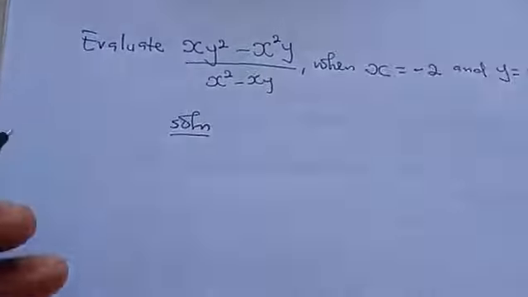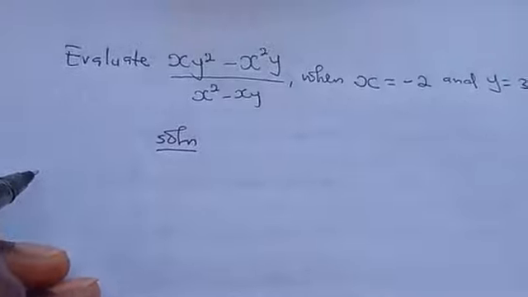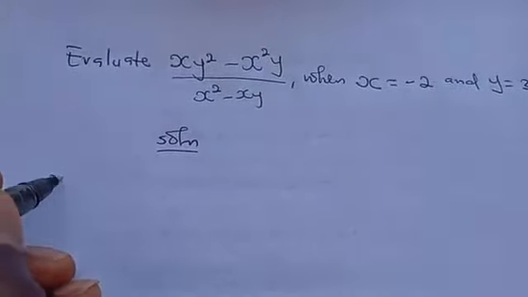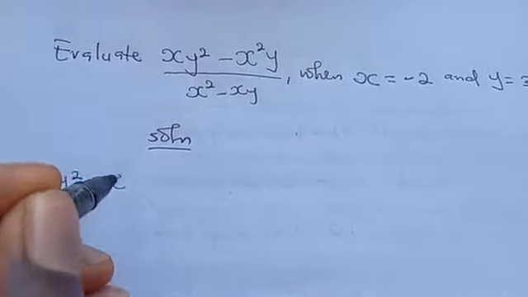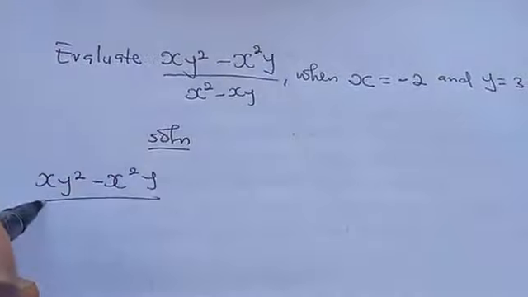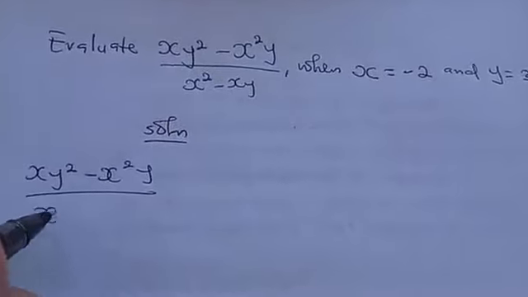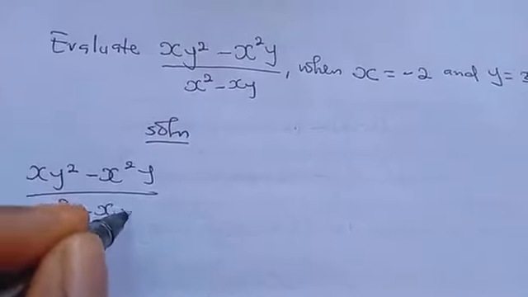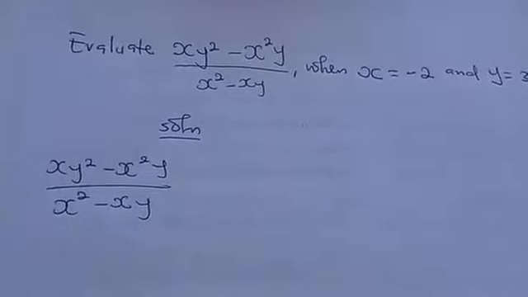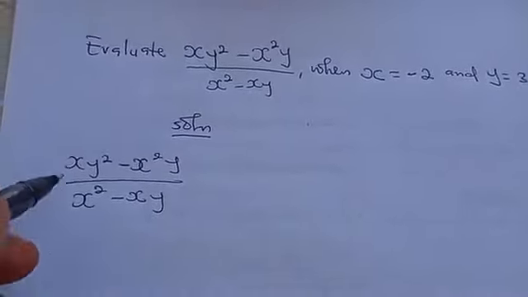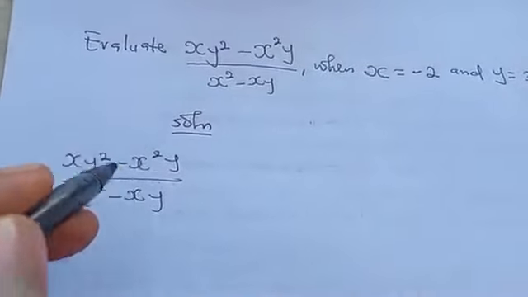let's factorize this expression, xy squared minus x squared y divided by x squared minus xy. If you are factorizing this, looking at your numerator, you have xy in both terms.